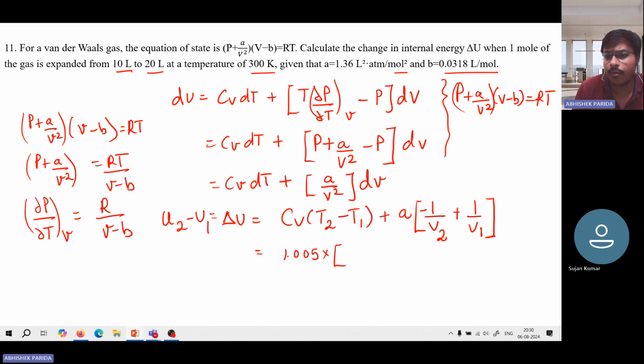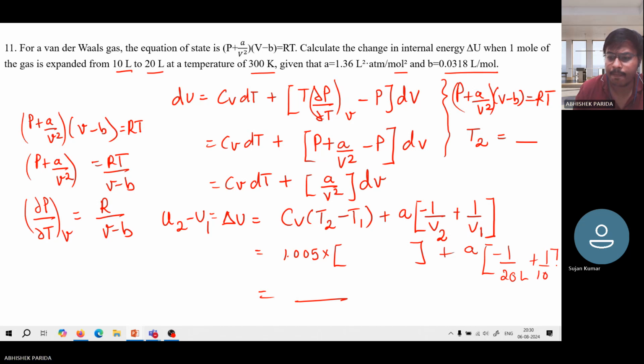Just change the value of R. So you will find T2 from there. And that T2 you will substitute here. You'll get the value. A into 1 by 20 liter minus, plus 1 by 10.